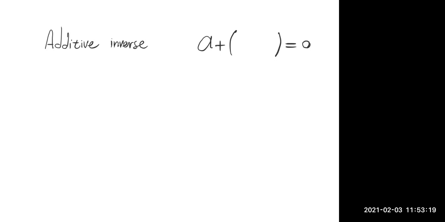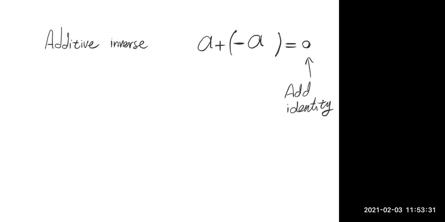Okay, the other interesting property is having additive inverse. For any number a, there exists another number such that if we add these two numbers, we would get 0. The 0, remember, is additive identity. And that other number is simply minus a, right?